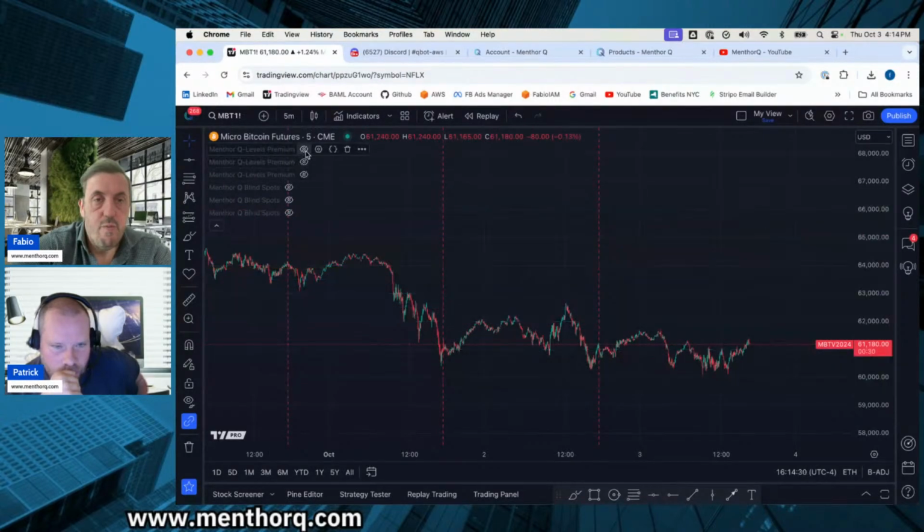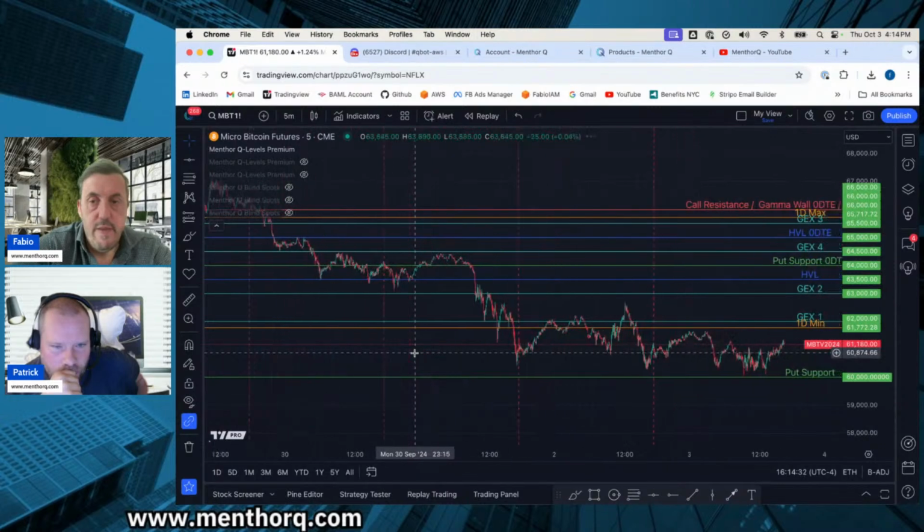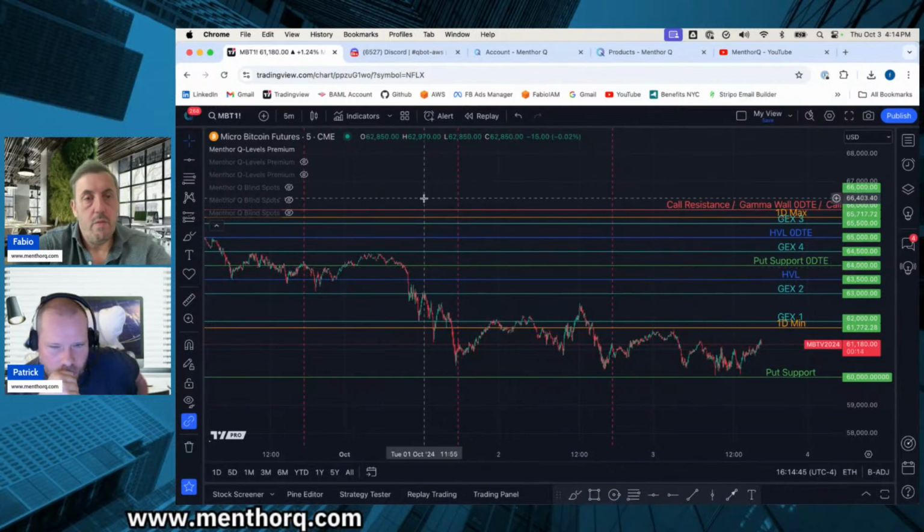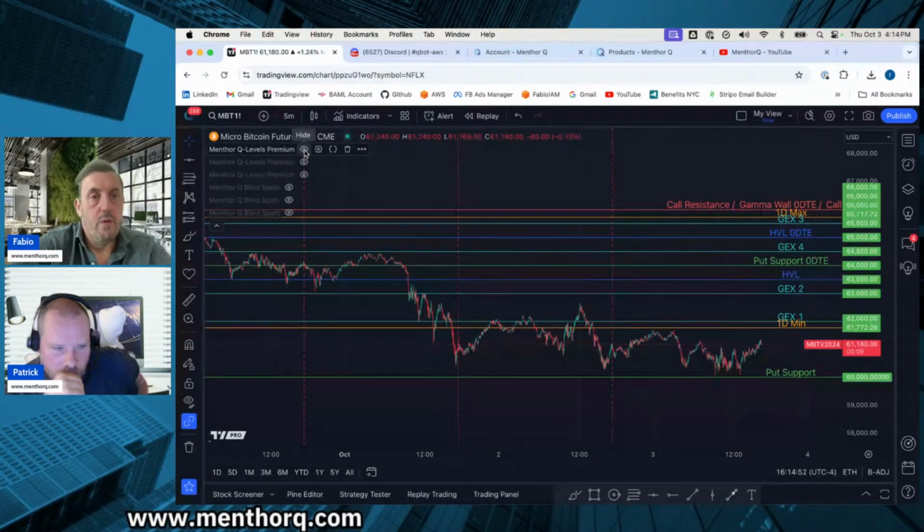And then this one was the day before right here. So you have a bounce back of the one-day minimum, and then close lower for the day. And then you have all this area here as a support. Yeah, that's a good tool.